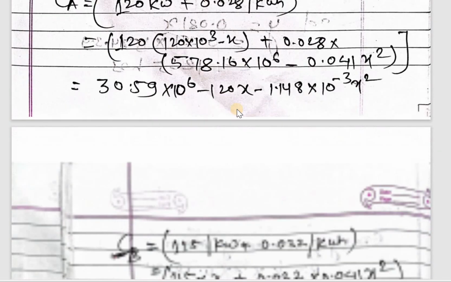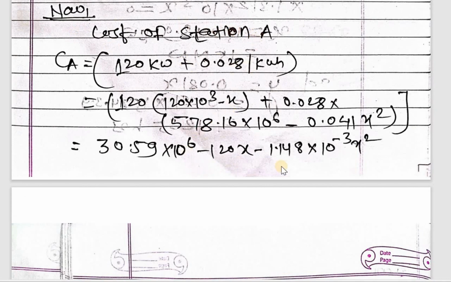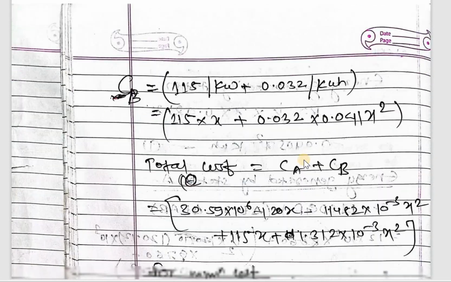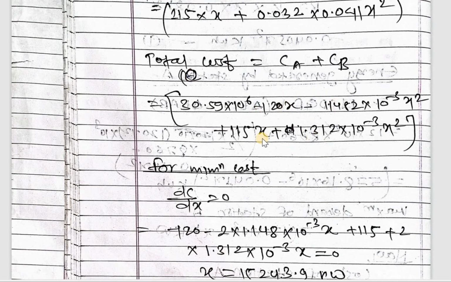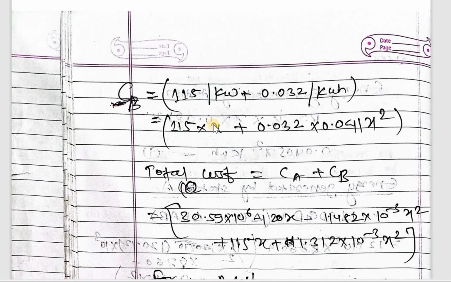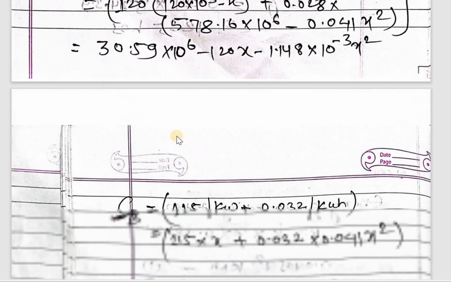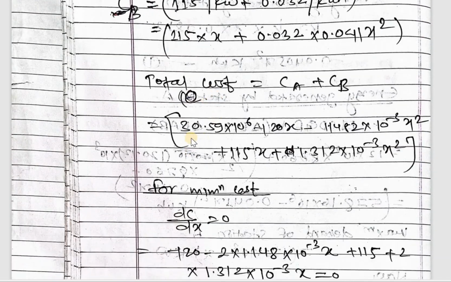Then this is the cost of plant A. Then you can get this equation. And do similarly for the cost of plant B. Total cost equals CA plus CB. Then we add both costs of A and B and we get this equation.